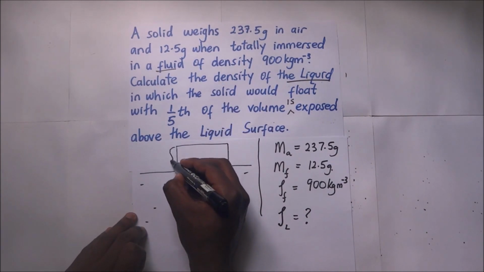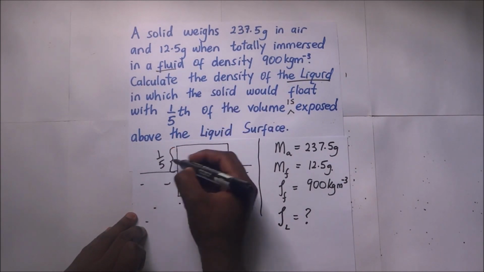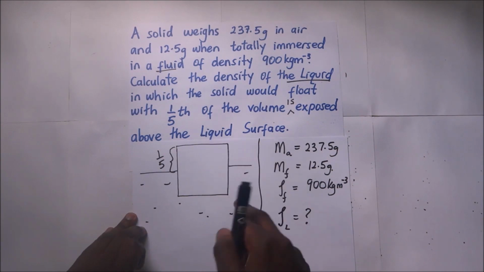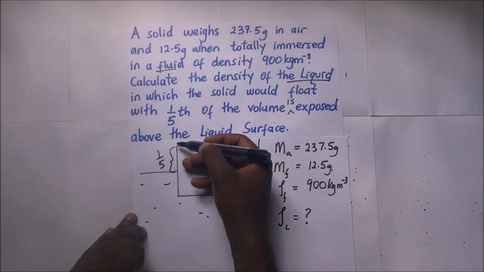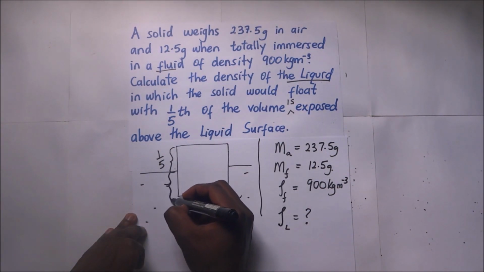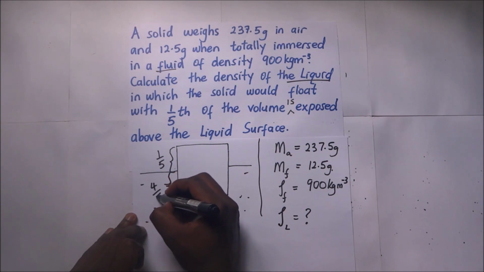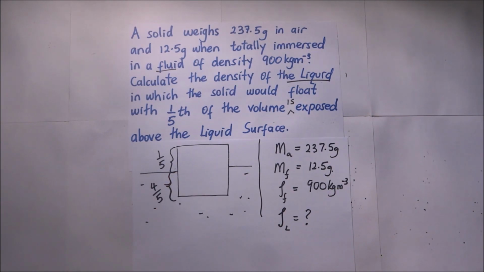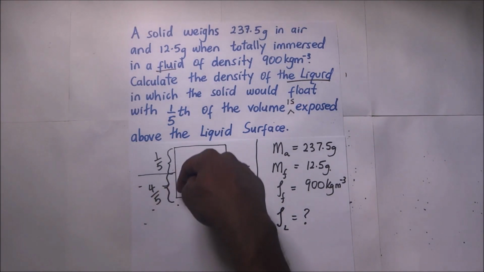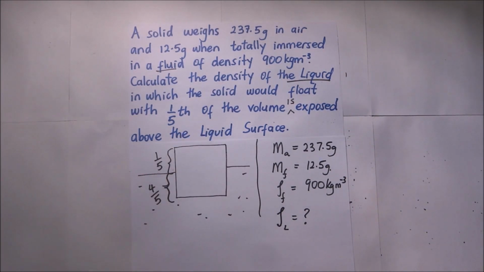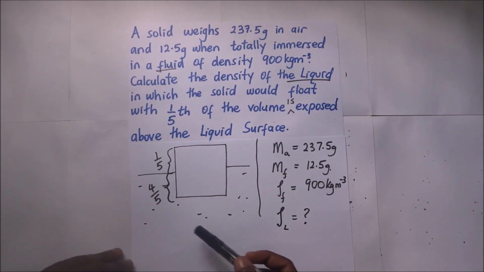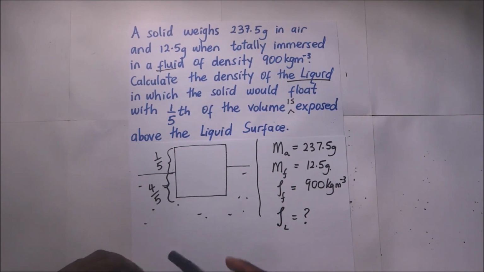If a fifth is exposed, it means below here it is 4/5. So 4/5 of the body is submerged, and a fifth is what is exposed above the liquid surface. And definitely, now we are supposed to find the density of that liquid.